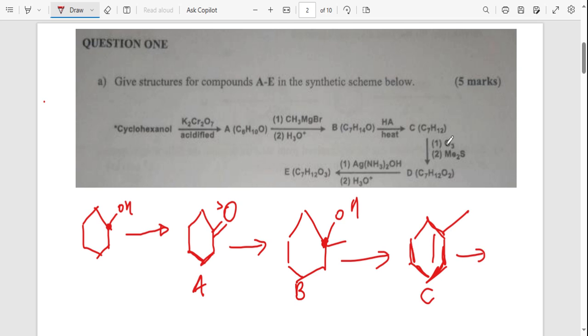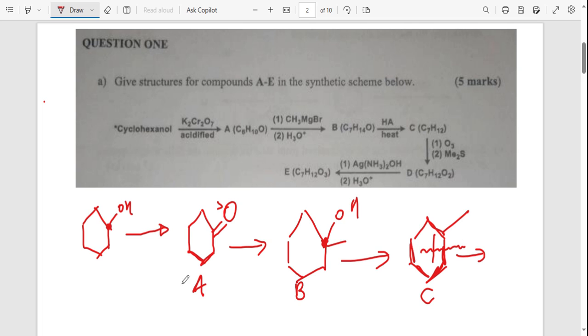Then now we can see that this alkene, we are reacting it with ozone and dimethyl sulfide. What does ozone do? Anyone? So ozone, in what is known as ozonolysis, will be able to break this double bond in the middle.